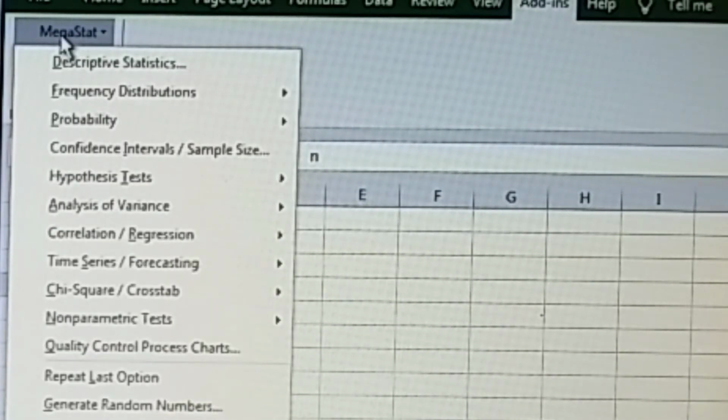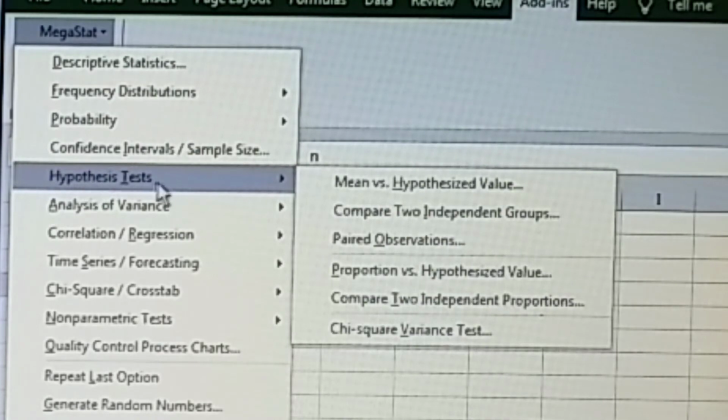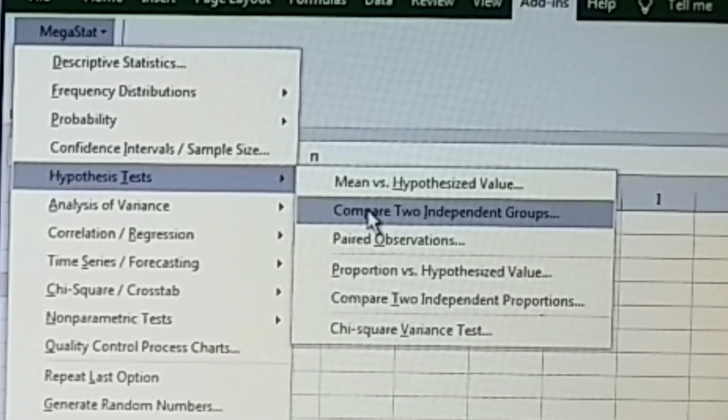So we go to MegaStat, hypothesis tests, compare two independent groups.